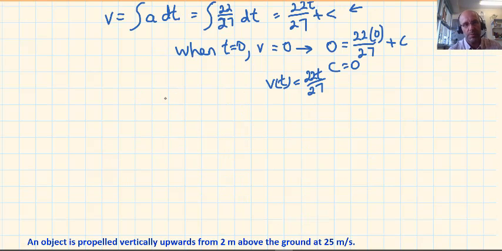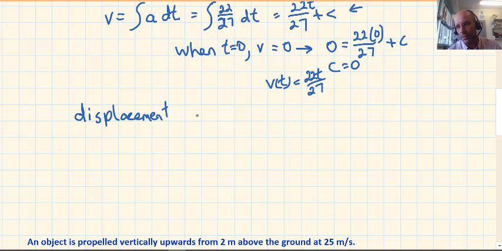So the displacement in this time frame from 0 to 30 seconds, in this interval, the displacement is the change in position, and we look at where it started and where it's ended up.